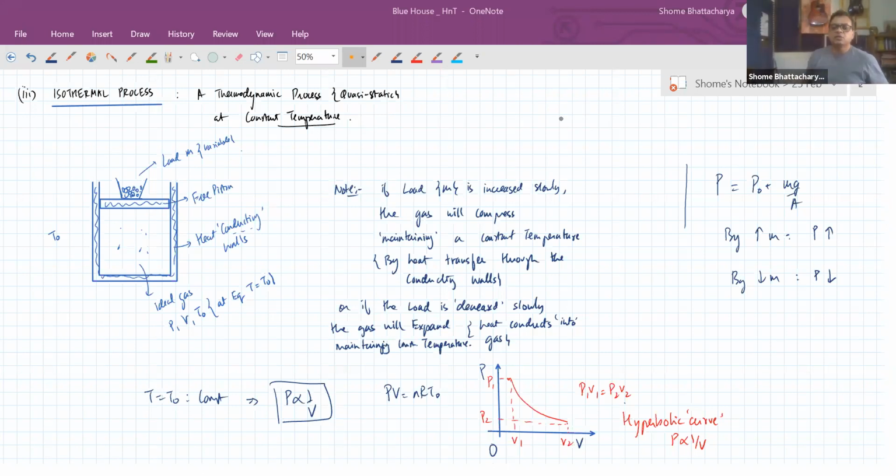Hence our application of the first law of thermodynamics is subject to a special condition. You can say that we are dealing with ideal type of processes which are quasi-static, whereas for non-ideal processes, the experimental results will not really agree with the formulae we are developing.